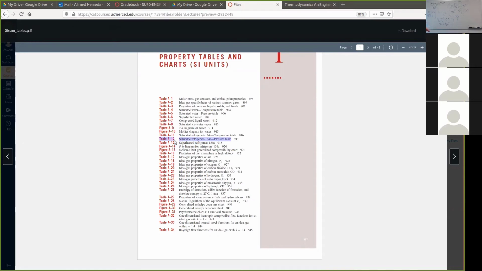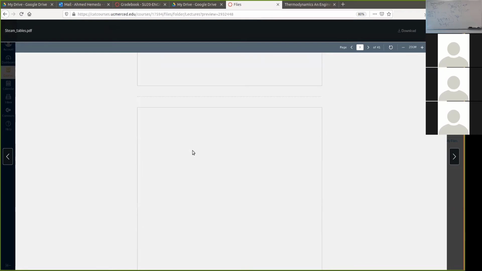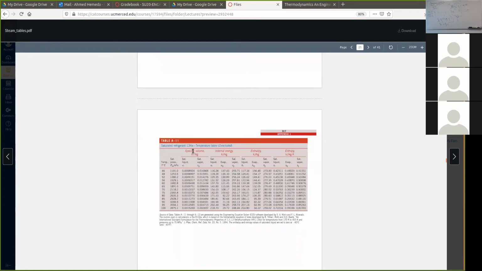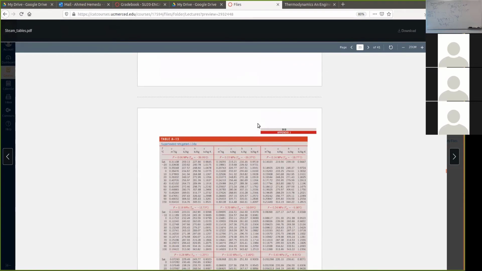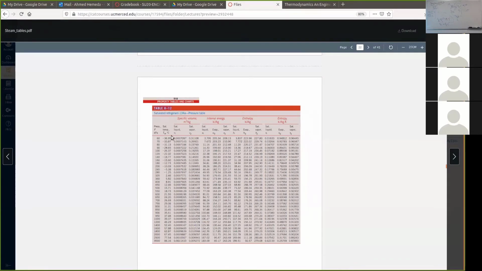So when you go to this table A12, for example, refrigerant 134A, pressure-based or pressure input. This is A11. Nope. We want A12. Here, this is A12. The first symbol is always f: vf, uf, hf, here hf, this one.